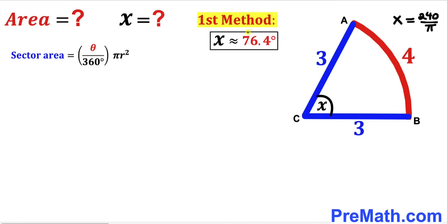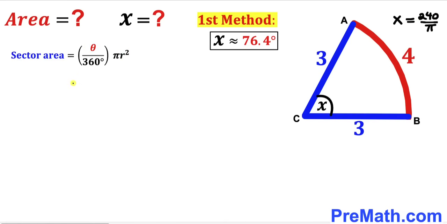Our angle is approximately 76.4 degrees, and our angle x is also equal to 240 divided by pi. So for theta, I will be using 240 divided by pi, and r as 3.